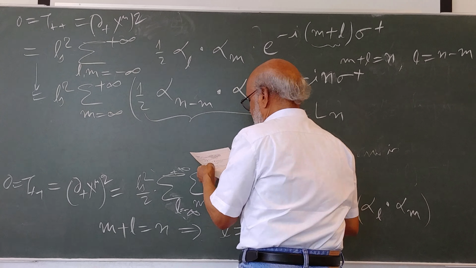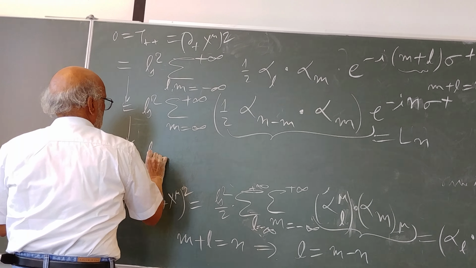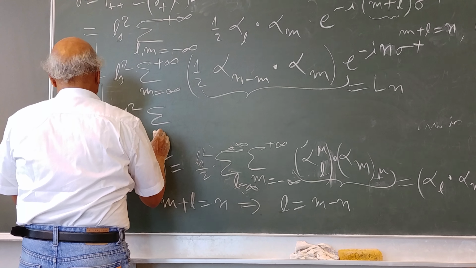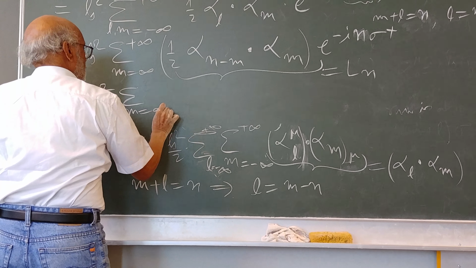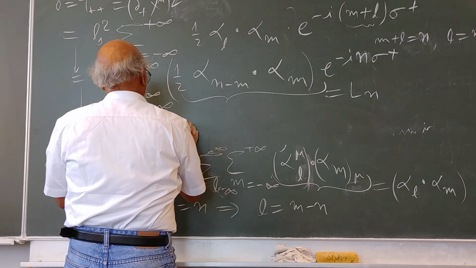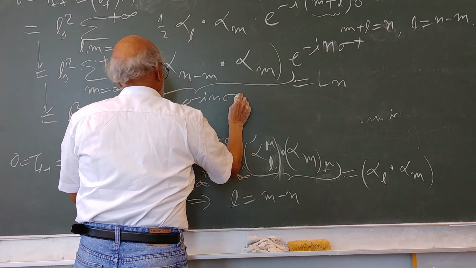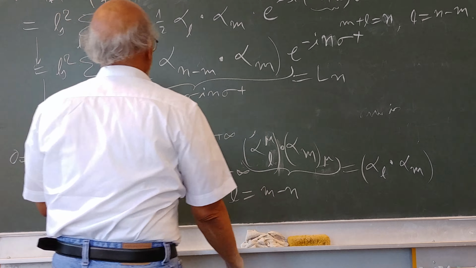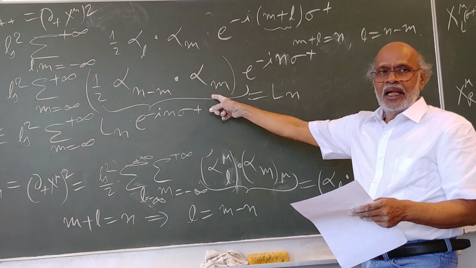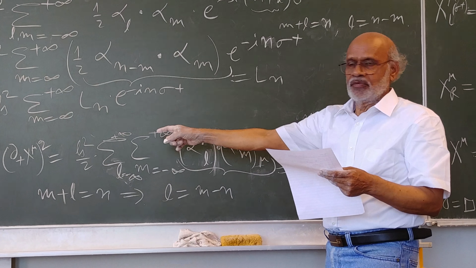Then I could call this ls square, N equal to minus infinity to plus infinity, Ln e to the power minus i N sigma plus, where Ln is defined by this and M is summed over from minus infinity to plus infinity.